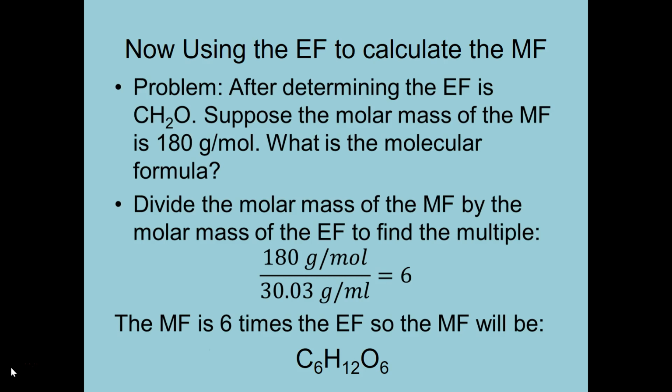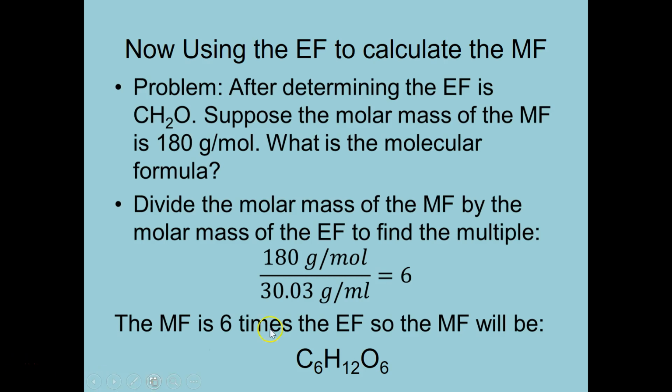Now we can use the empirical formula to calculate the molecular formula. So after determining the empirical formula is CH2O, suppose the molar mass of the molecular formula is 180 grams per mole. What is the molecular formula? So we are going to divide the molar mass of the molecular formula by the molar mass of the empirical formula.